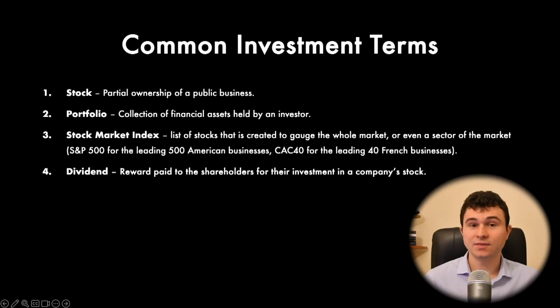Also, I will add that not all companies pay dividends. If they think that they have more reinvestment opportunities and all the cash that they have at the end of the year, they want to reinvest it, well, they will reinvest it. Take, for example, Google. The company is called Alphabet, and they don't pay dividends. They just reinvest in the business again and again and again.